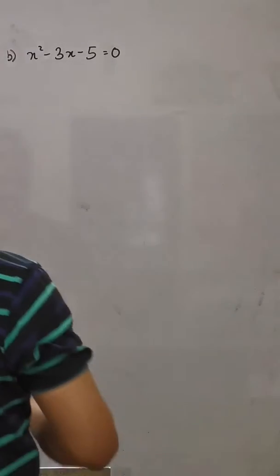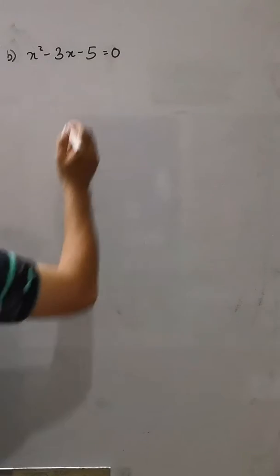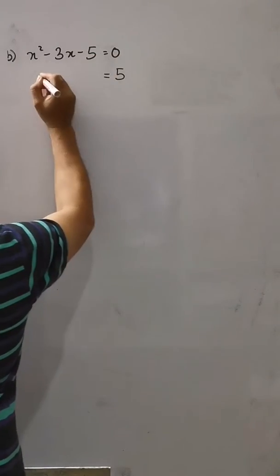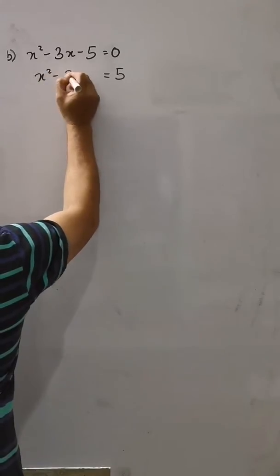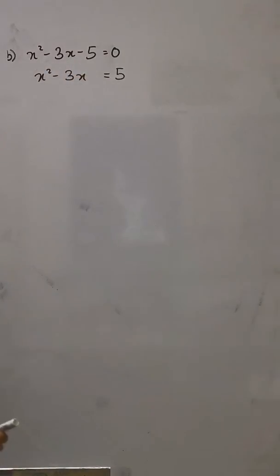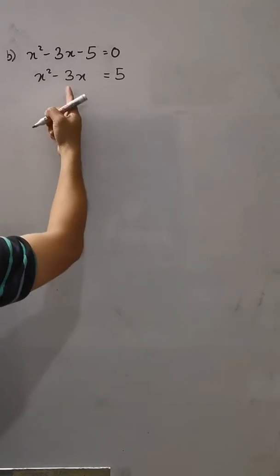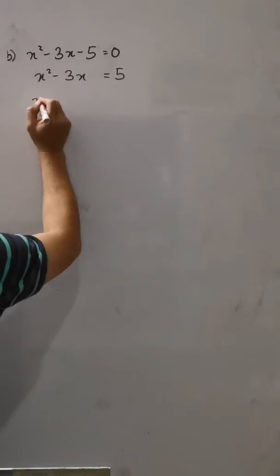Okay, question B. x squared minus 3x minus 5 equals 0. Similarly, you just move negative 5 and it becomes 5. So here will be x squared minus 3x equals 5. Then multiply b by 1 over 2.